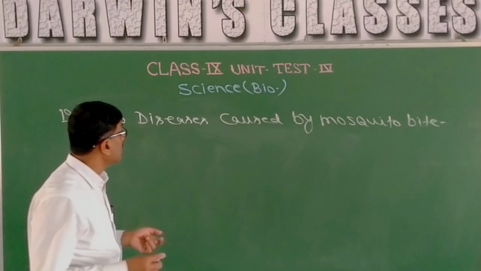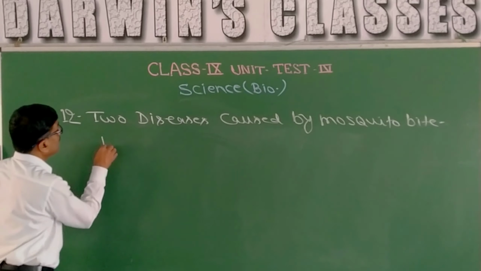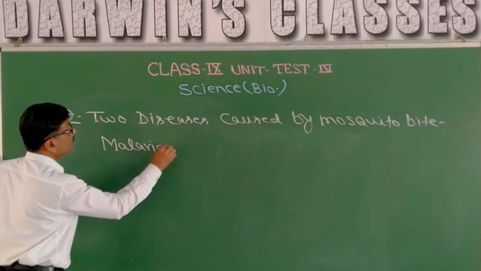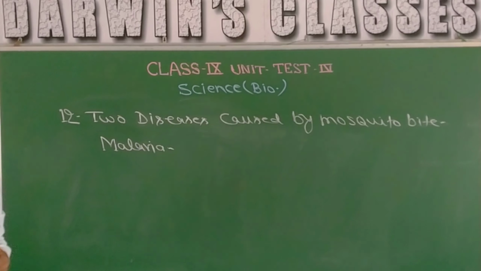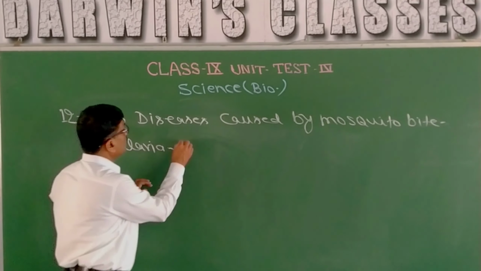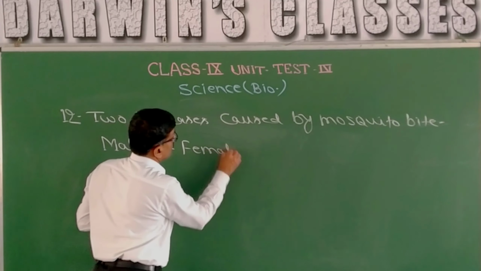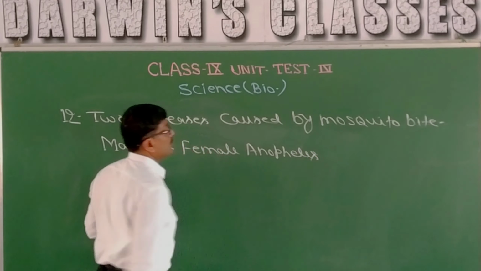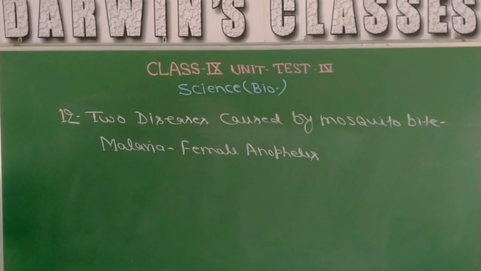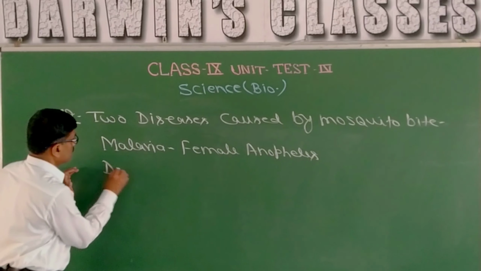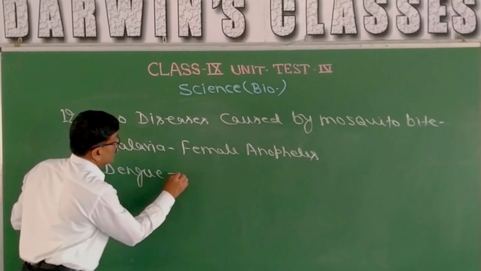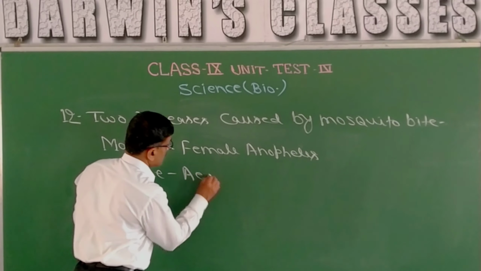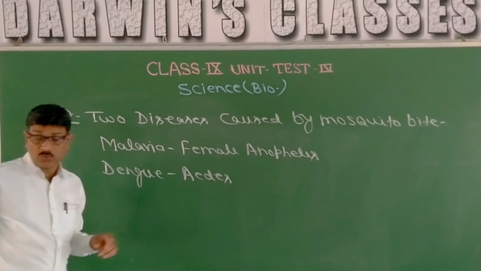So in this you could write any two diseases, like very common diseases: malaria, caused by the bite of the mosquito, the female anopheles. Another disease is dengue fever, and dengue is caused by the Aedes mosquito.